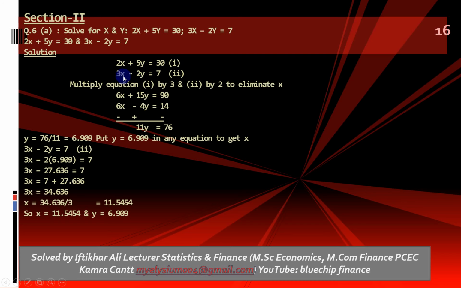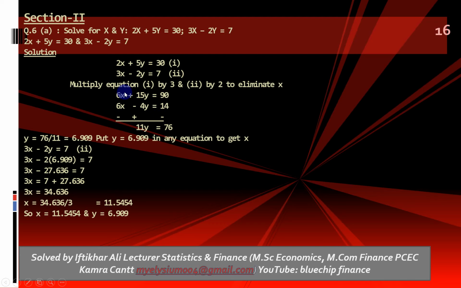The method is very simple: the first equation should be multiplied by 3 and the second equation must be multiplied by 2 to eliminate this x. After doing this, the first equation will be 6x plus 15y equals 90 and the second equation will be 6x minus 4y equals 14. Just change the signs, minus, plus and minus.